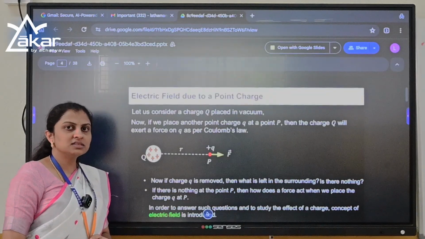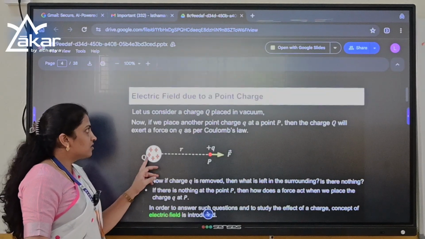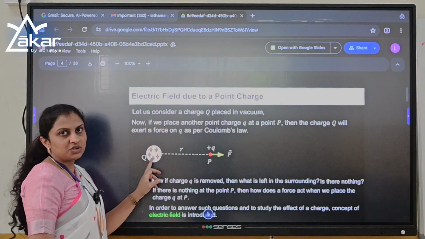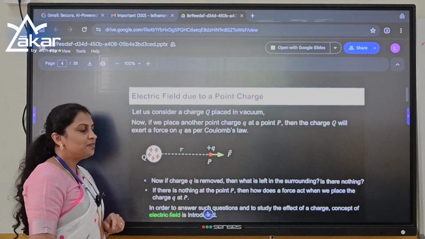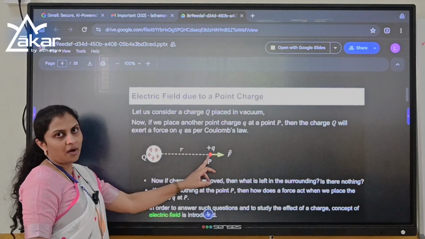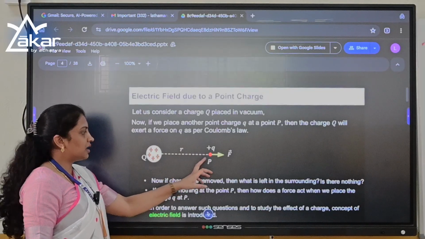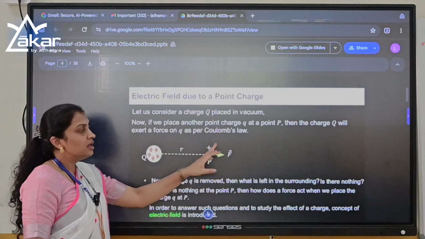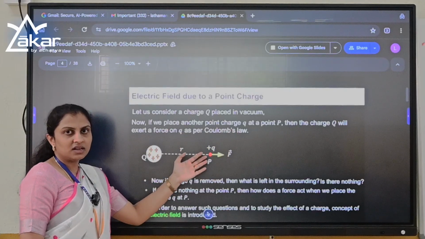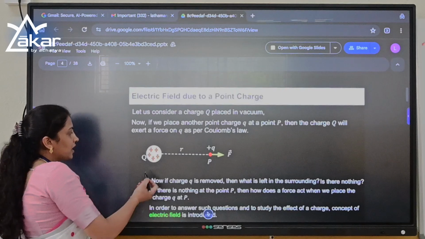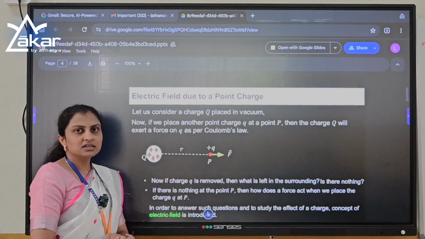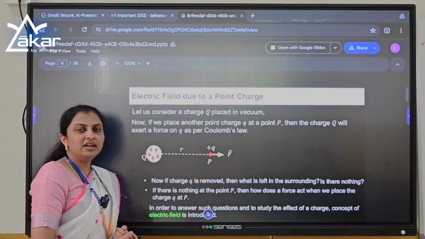So the next topic is electric field. So let us consider a charge Q placed in a vacuum. Now, if we place another point charge at this point P, then the charge Q will exert a force on that charge. So you can take any point charge, then you can take the test charge, to see whether it experiences the field or not.